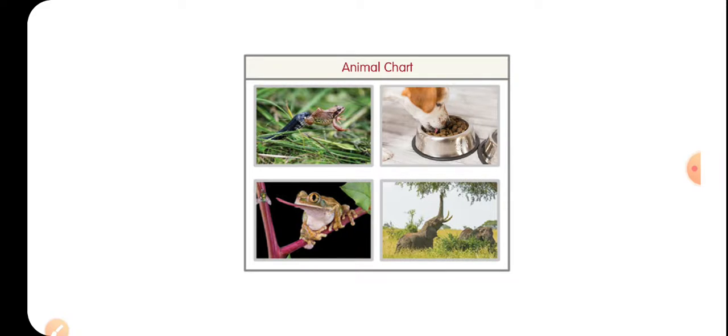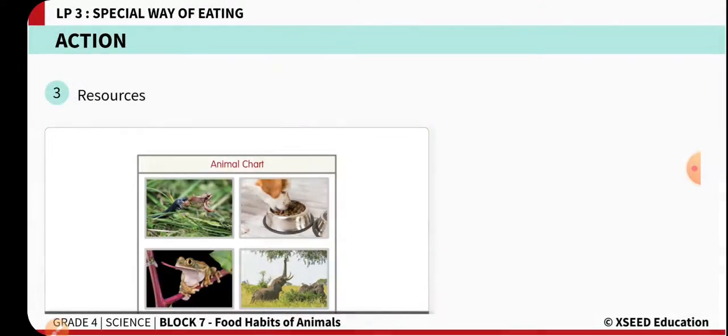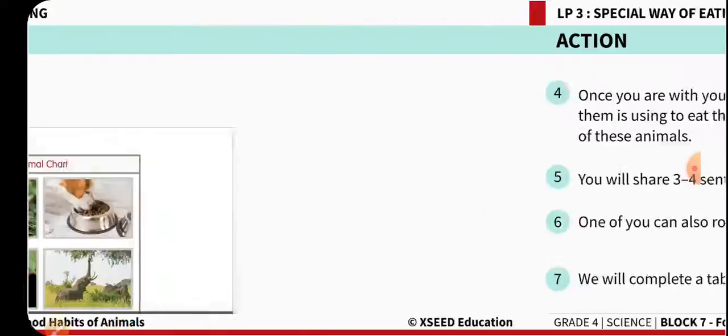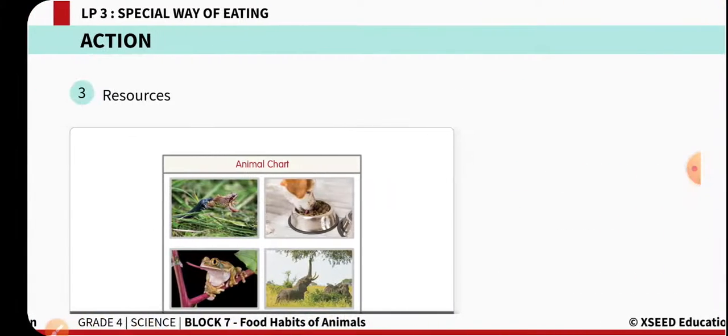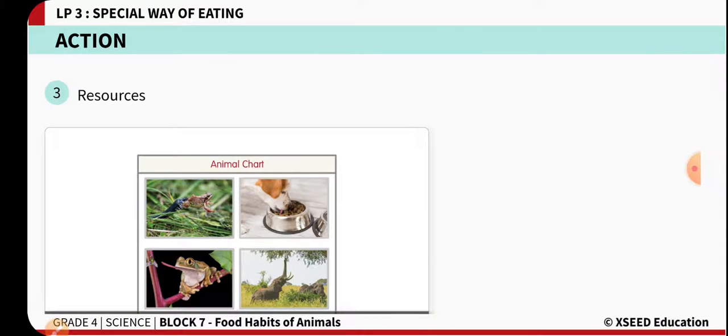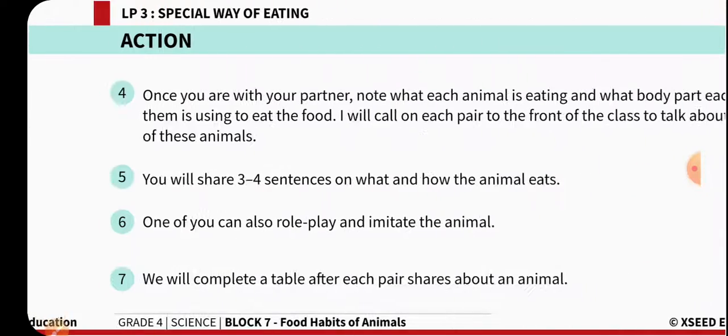Okay, so now based on these observations of this chart, let us do a small activity, children. Before doing this activity, copy a tabular column in your textbook. Already we have observed four different pictures very clearly, so now based on our observations we are going to fill this tabular column.